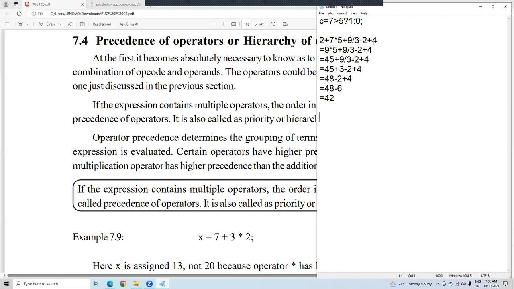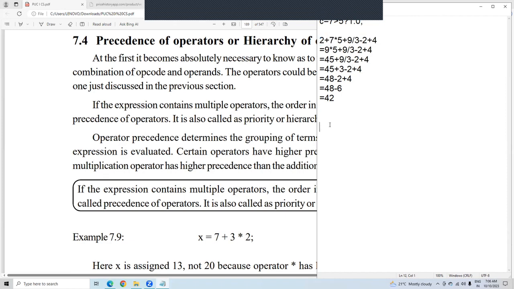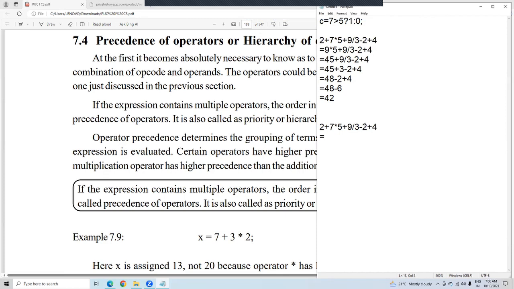See, another person will try to solve this same equation from right to left. First he will do this, then this, then this, then 2 will be added. Another person will try, say, 5 plus 9 first, and like that, if everyone starts solving the equation in their own way, left to right, right to left, middle to right, as per their own wish, then everyone's result will be different.